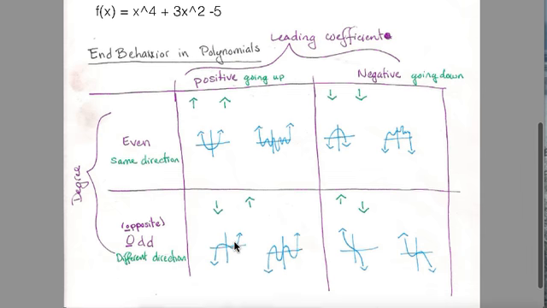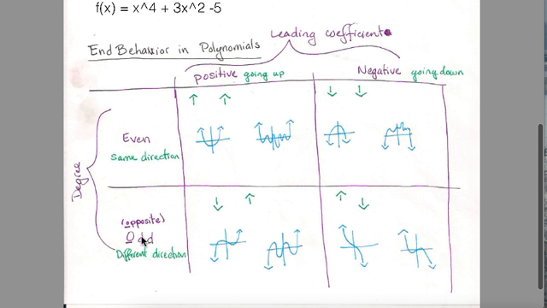And then to look at these examples, if we have odd degree, that means they'll be going in opposite directions, odd opposite. So we can see here, both those ends are going in opposite directions. And if the leading coefficient is positive, we have sort of an overall upward direction from left to right. So you can see as you're moving closer to the right, it goes up.